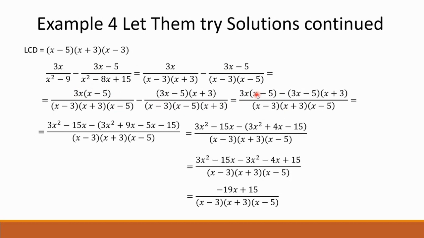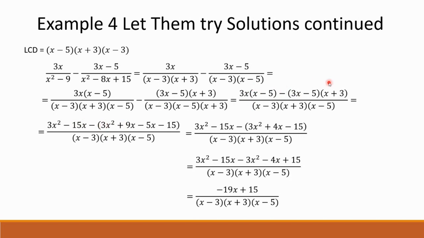Here, we have 3x times x minus 5 minus this. So we have 3x squared minus 15x minus, and now we're going to FOIL, right? We're going to multiply. So we have 3x squared minus 15x. For the second product, notice I'm using parentheses, because you want to distribute that negative.